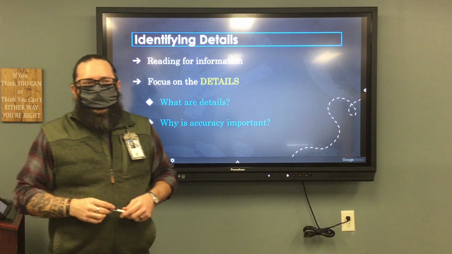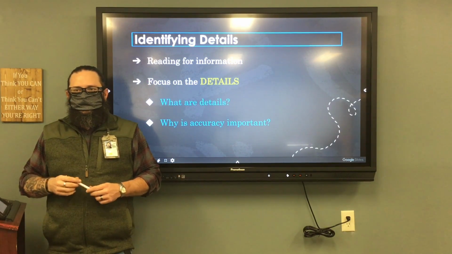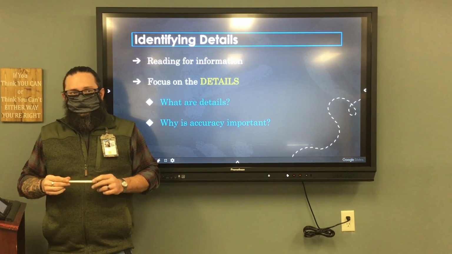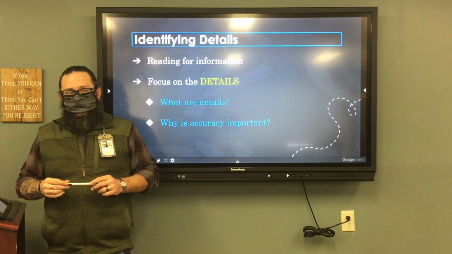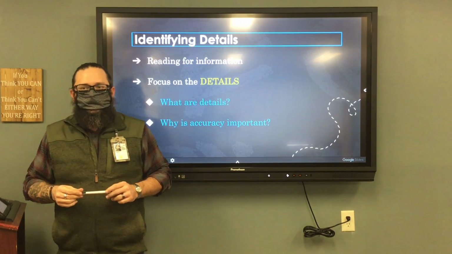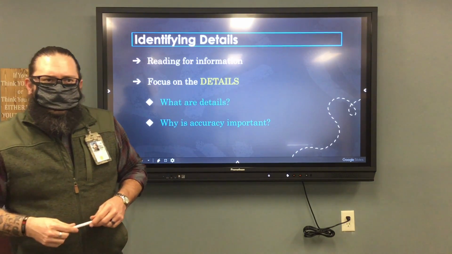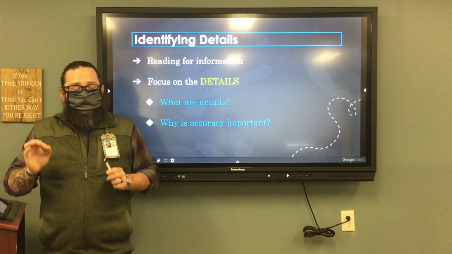Why else is accuracy important when it comes to identifying details? Probably specific words or problems in the story or a line. Make sure they're factual. Yes. So you look for specific words that you want to make sure are factual.